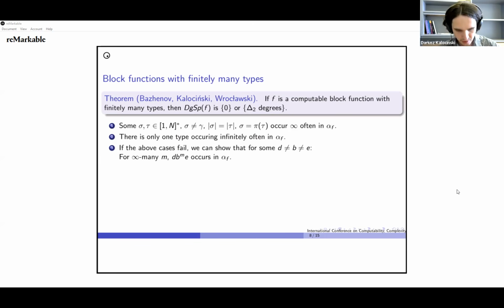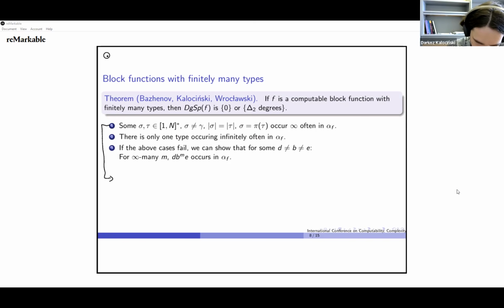I will not go into details of the proof, which is a bit complicated, because you have to consider a few cases and engage in some combinatorial analysis of the representation of the function in terms of this sequence of types. But let me give you just a hint about the first case.